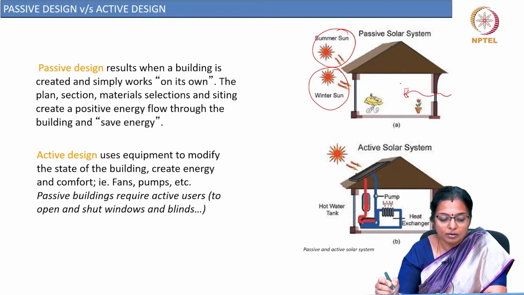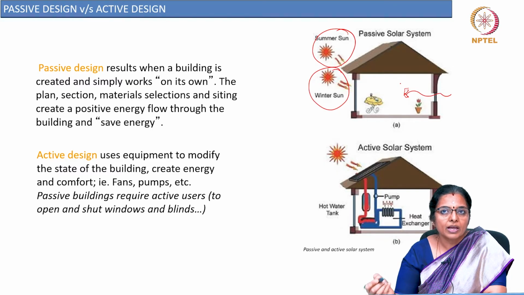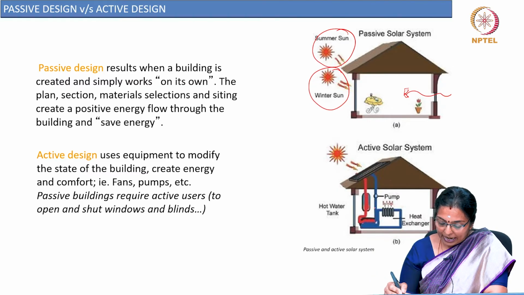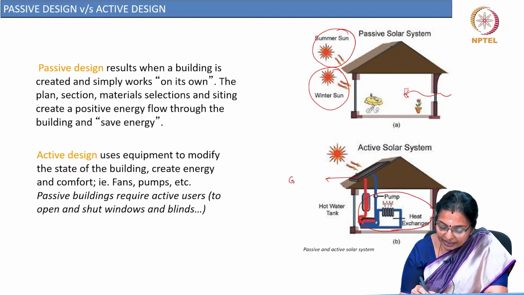So, the indoor thermal performance as a result of the way we handle design with the help of natural elements is known as passive design. Whereas in active design, we need use of certain contraptions, and those contraptions are grid dependent.